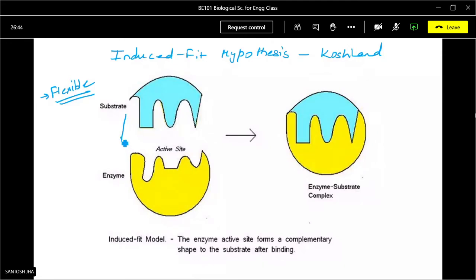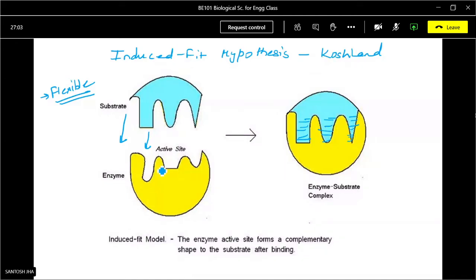But when the substrate approaches the enzyme, there is an interaction with the enzyme, and due to this interaction, the active sites appear over the surface of the enzyme, and the substrate molecule gets attached to these active sites. So this is the induced fit.